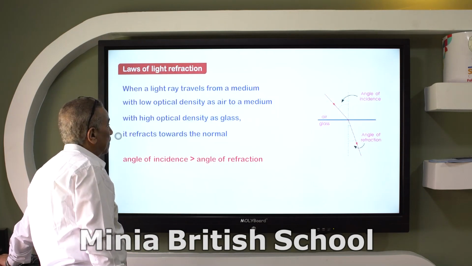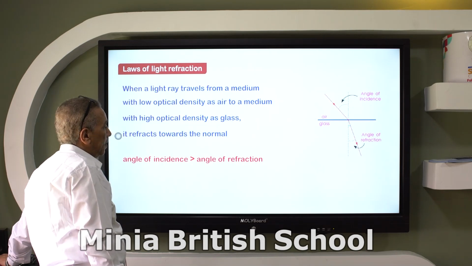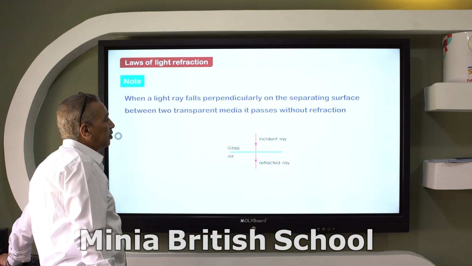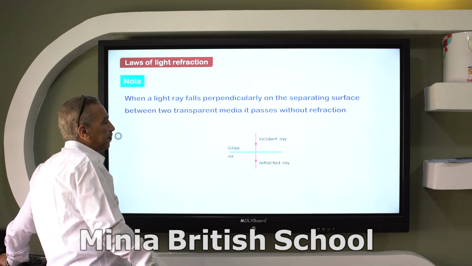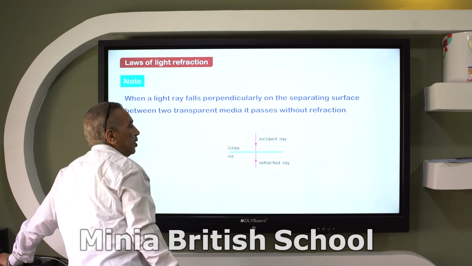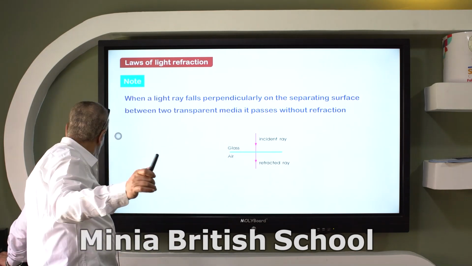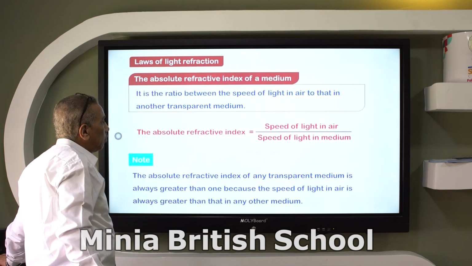Then, here what I explained now, if the light ray falls perpendicular from one medium to another, it will pass without refraction, and this is the only way for the ray to travel without refraction.